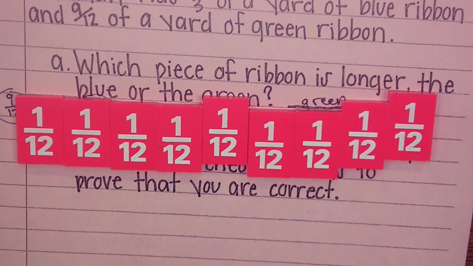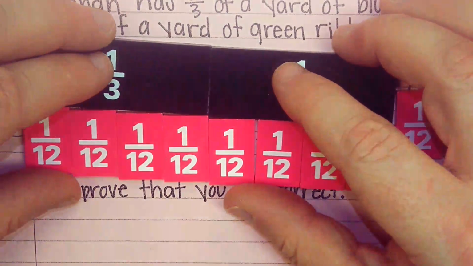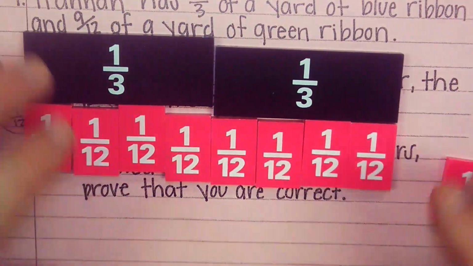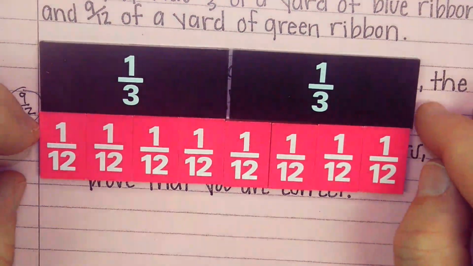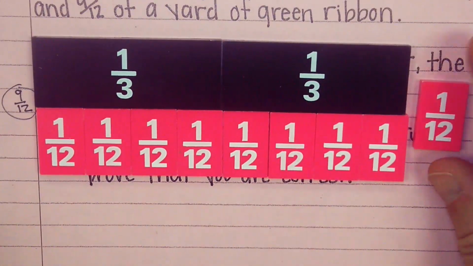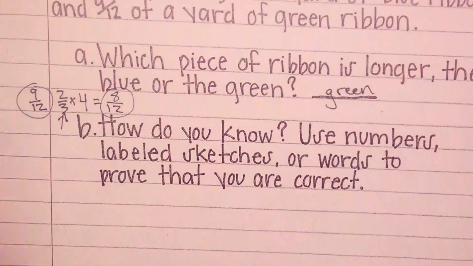Thirds are black. Okay, here we go. Oh, see? Just by looking at these pieces and comparing them, you can actually see that 8/12 is the same as 2/3, and I have this one left over. So the 9/12 is more. Okay?